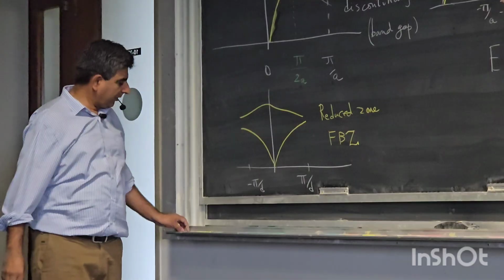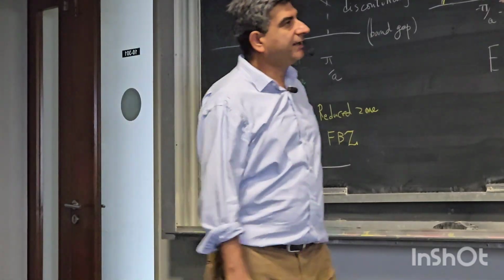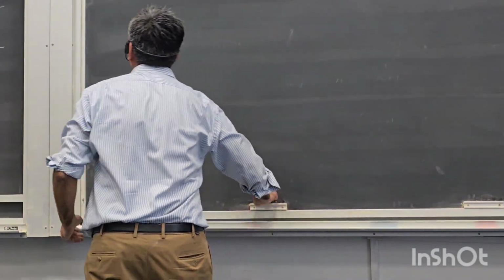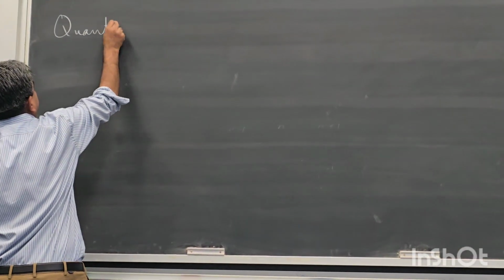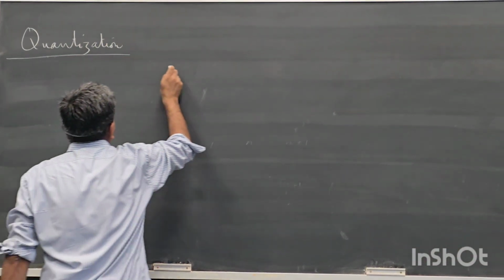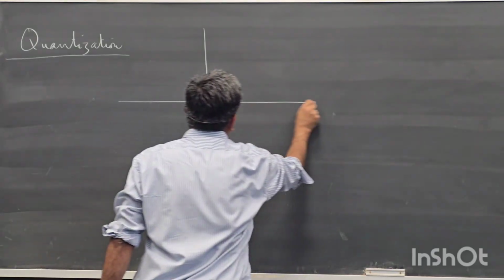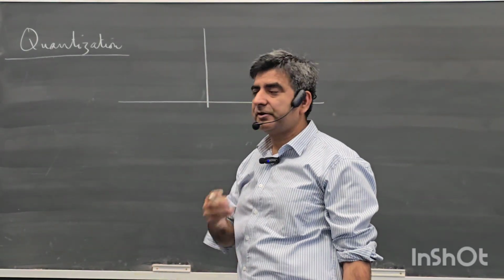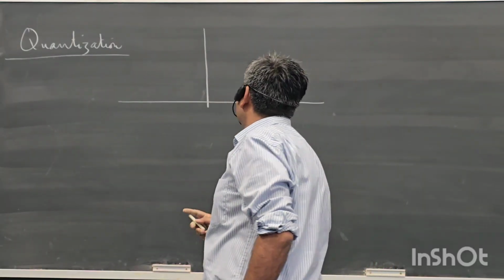Okay. Now one more thing I would just like to mention is that of quantization. Now let me draw for the diatomic case. Everything is now in 1 dimension, but it can be extended to 3 dimensions as well.